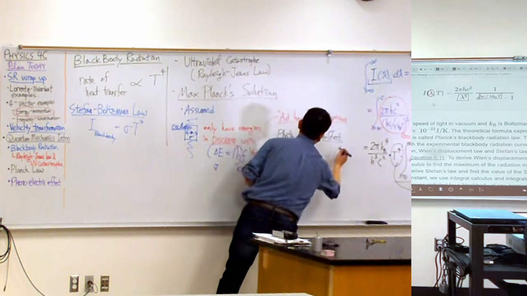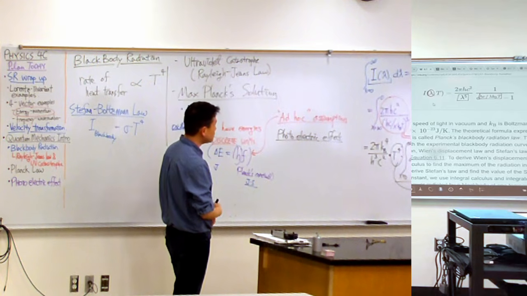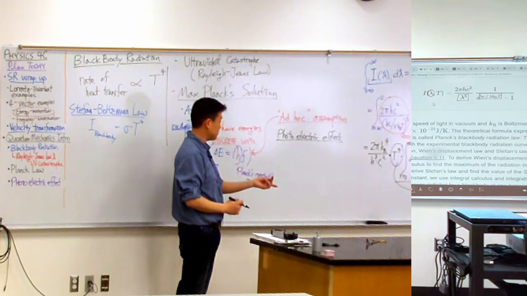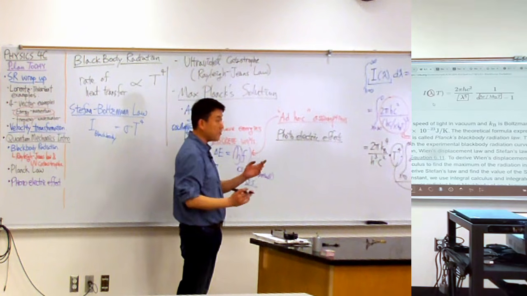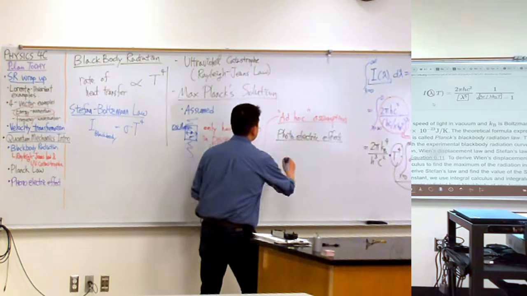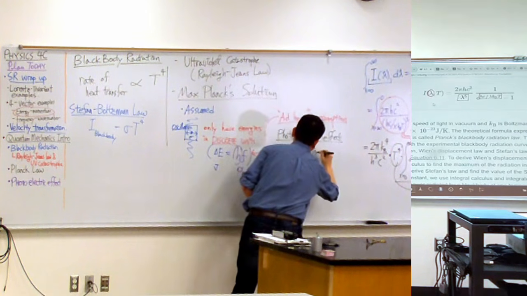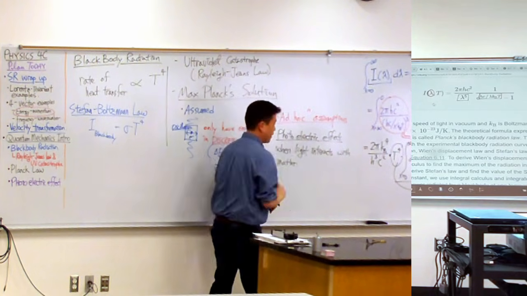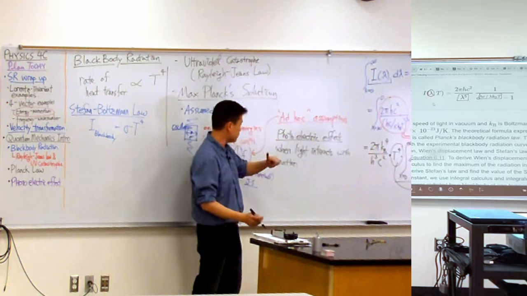He said, when electromagnetic radiation exchanges energy with any other object, so when light interacts with matter, the amount of energy that the light can transfer is limited this way.